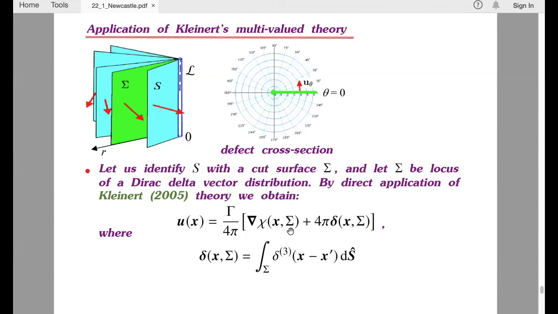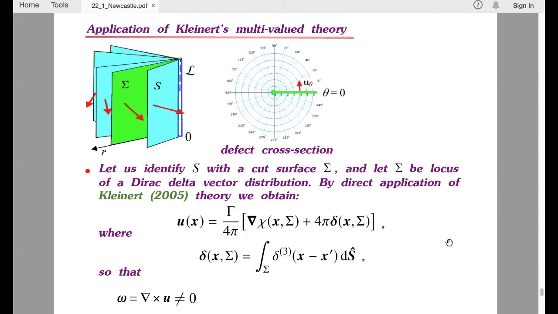I put emphasis on sigma, but grad chi does not depend on sigma, neither delta. So whatever sigma you choose, you get the right u. Indeed, this theory is gauge independent from sigma. And of course, this bold delta just stands for this description of the Dirac delta, just constructed, if you like, on the cut surface sigma.